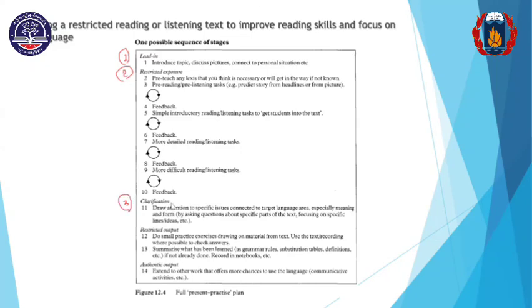We can say the clarification stage is a kind of presentation stage. The teacher explains or clarifies the meanings. The teacher draws attention to specific issues connected to the target language area, especially meaning and form, by asking questions about specific parts of the text or focusing on specific lines or ideas. And another one is restricted output and authentic output.